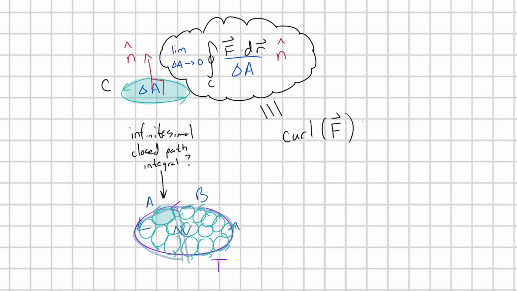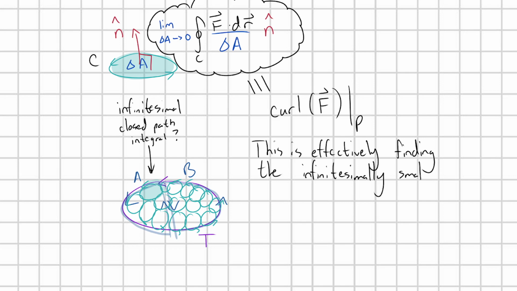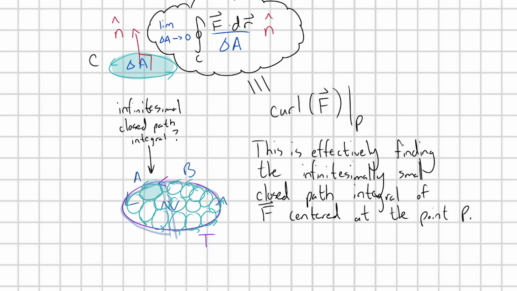And if we evaluate the curl at a specific location, we'll say a point P, then the concept here is that this is effectively finding the infinitesimally small closed path integral of F centered at the point P. Let me make that P a little bit nicer.